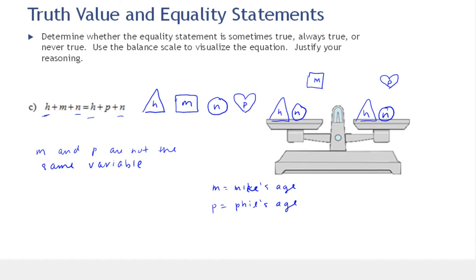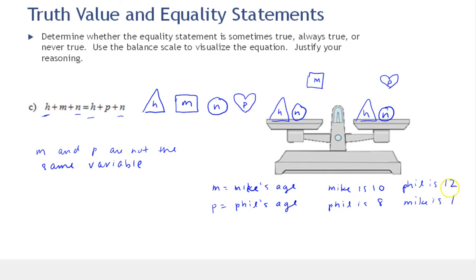It's possible that Mike is older than Phil. So maybe Mike is 10 and Phil is 8. If this were the case, the scale would tip this way because M would be heavier than P. It's possible that Phil is, let's say, 12 and Mike is 1.